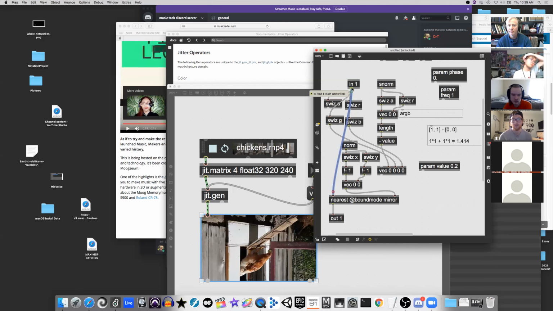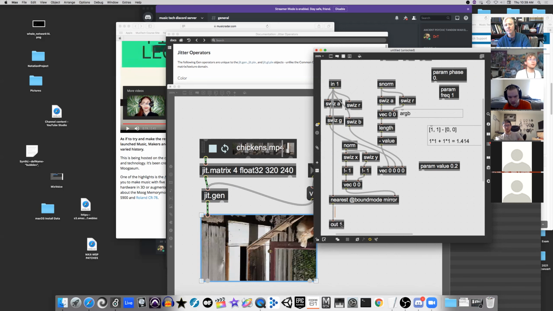But we can do color and spatial transformations in one gen object, right? That's right. So we would just take this. Maybe. I'm not sure the answer to that. You had to multiply, wouldn't you? Multiply what? If you took that vec that has the 4 zeros out and you multiplied that times what's coming out of the nearest, it would change the color of that object, right?